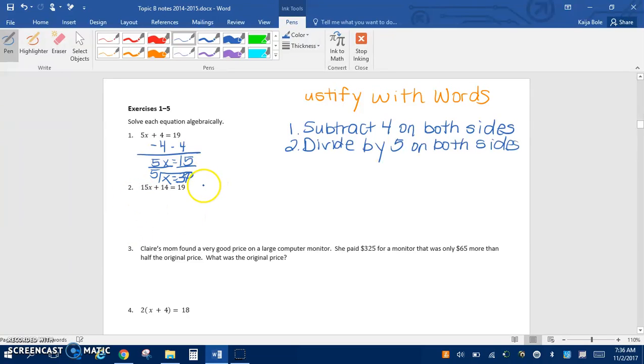So now if we look at number 2 here, first we're going to subtract 14 from both sides. So we get 15x equals 5. So our first step here was to subtract 14 on both sides.